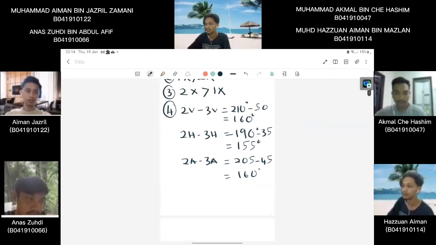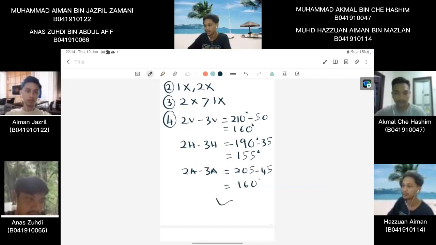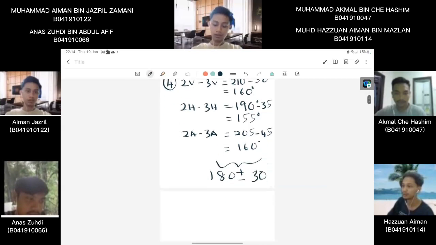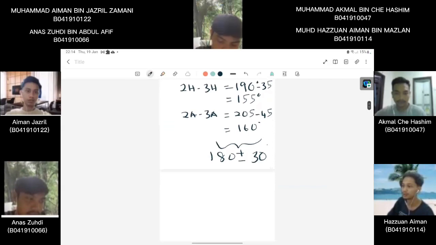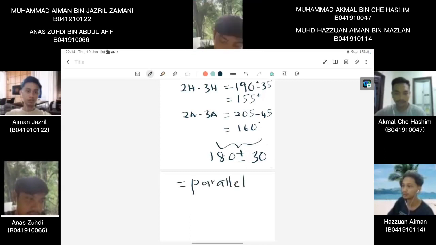These three phase differences fulfill the criterion of 180 degrees plus or minus 30 degrees. So the fault is parallel misalignment. All the criteria fulfill parallel misalignment.